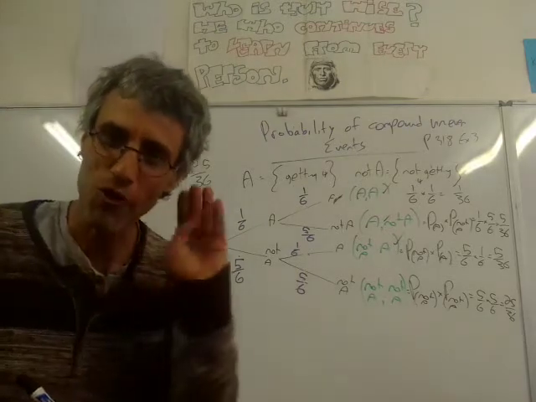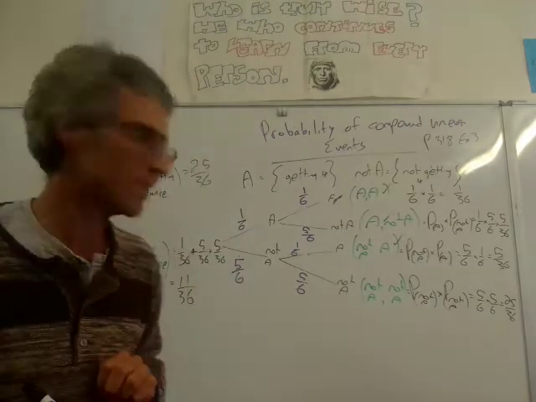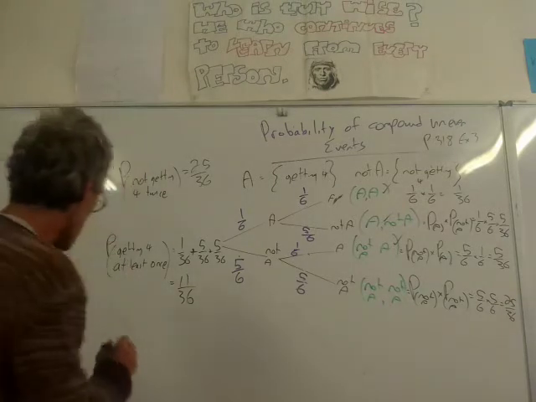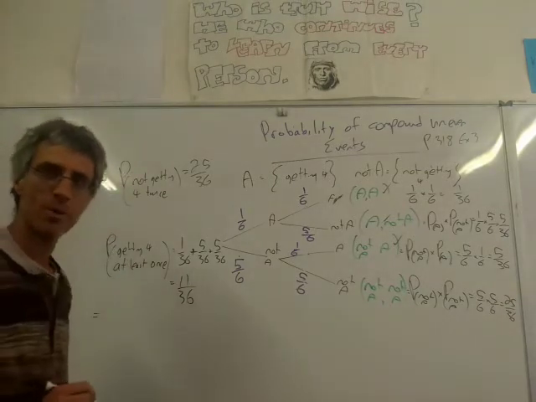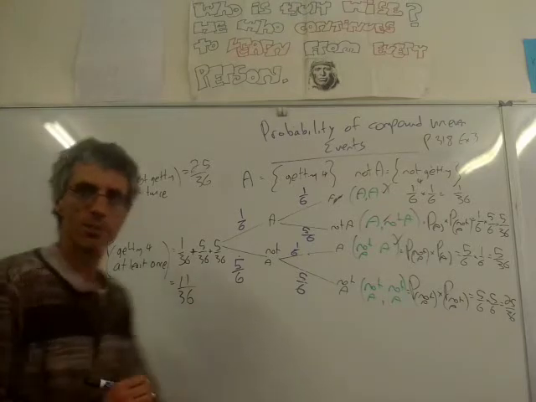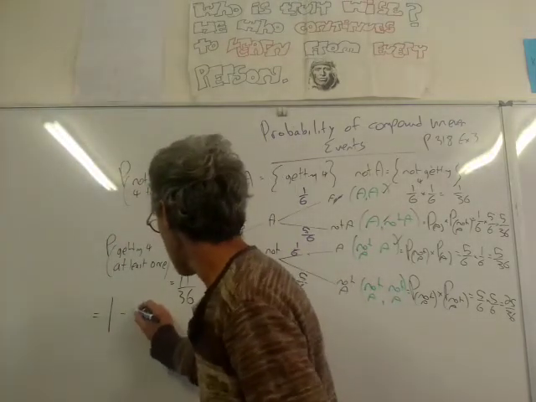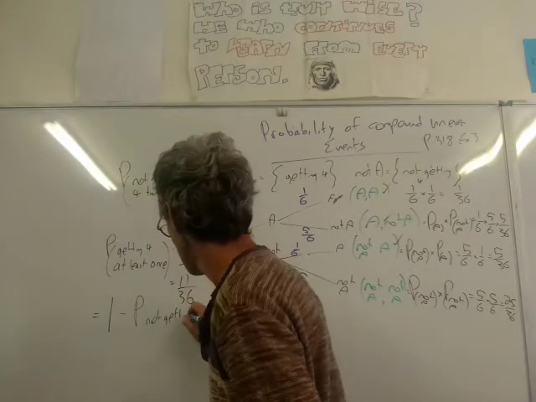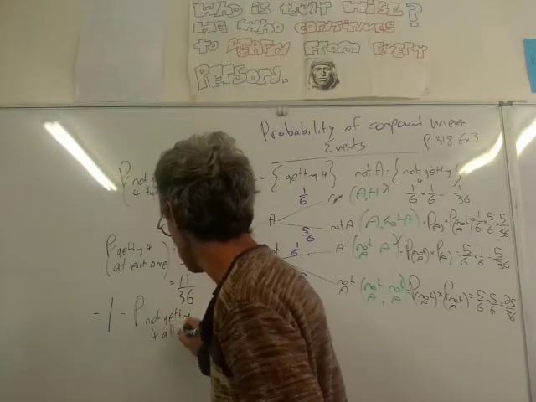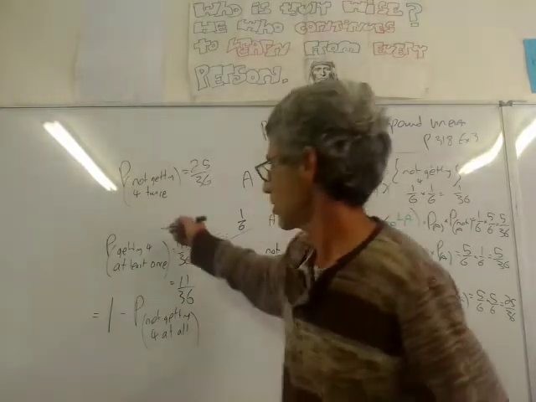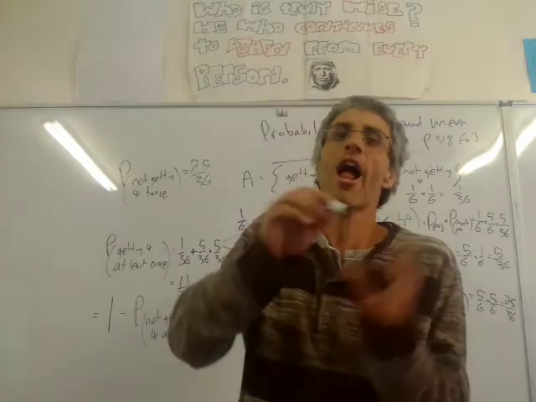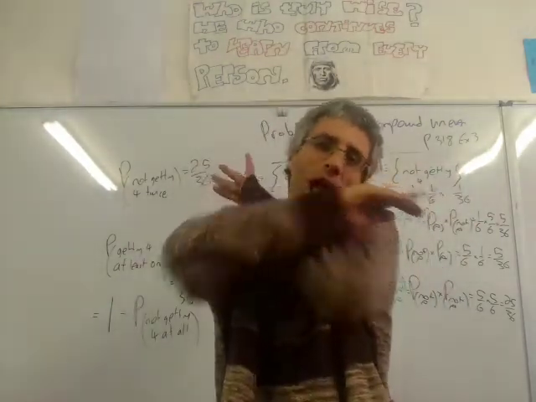But let's use the third rule from Professor Pupik. Okay? What's the probability of getting 4 at least once? Well, according to Professor Pupik, it's going to be 1 minus the probability of not getting 4 at all. Okay? Because for the probability of getting 4 at least once not to happen, that means I didn't get 4 at all.